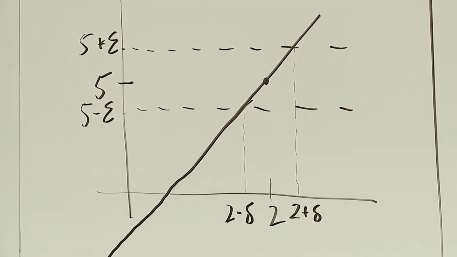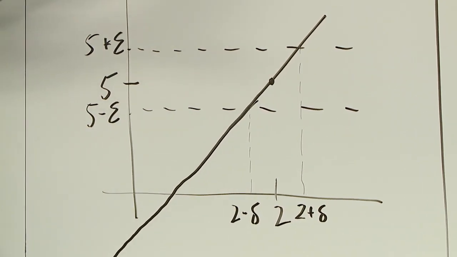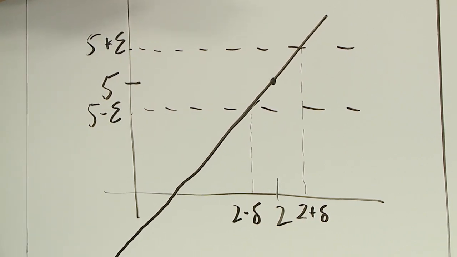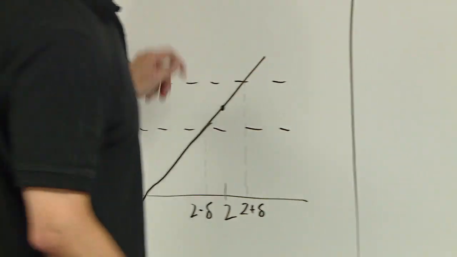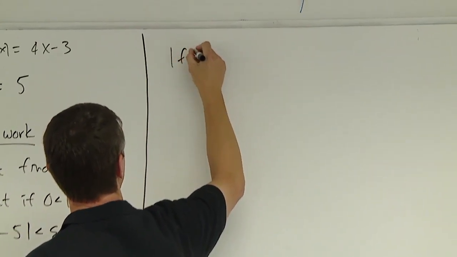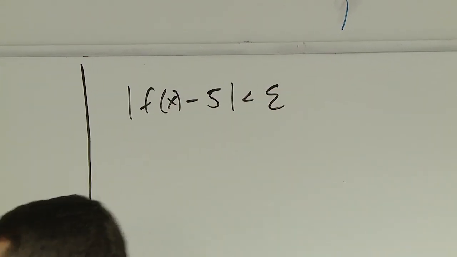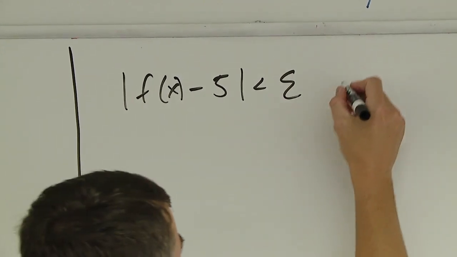Now let's do the scratch work algebra to see that. In all these scratch work proofs, you start with where you want to end and work backwards. So we want to end with this. So we say the absolute value of f of x minus 5 less than epsilon is the same as.